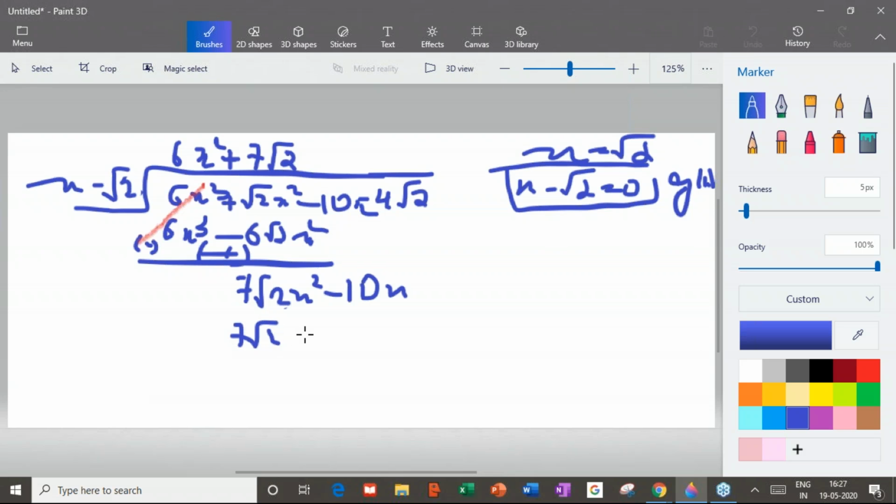So I get 7 root 2 x square. This will be 7 root 2 into root 2, which is 7 into 2, which is 14. Bring that thing down, 4 root 2. 7 root 2 x. Okay, yeah, I forgot that.